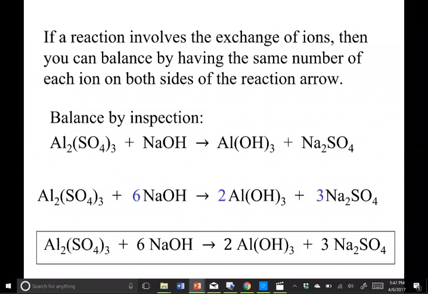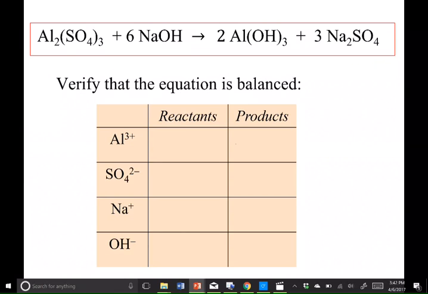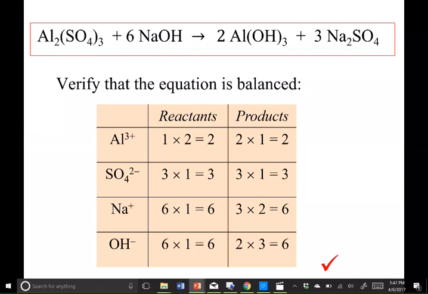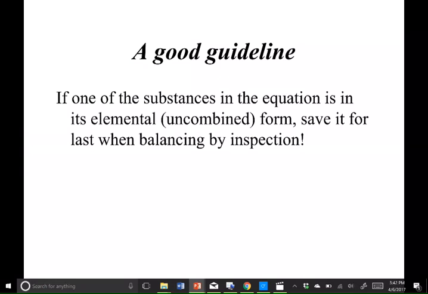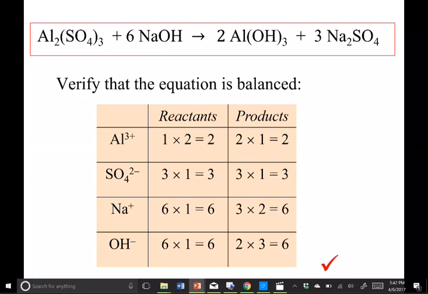Now, if you wanted to break the sulfate down into sulfur and oxygen, and the hydroxide down to oxygen and hydrogen, it would still balance. It's just easy to think of them as a parcel if they're staying together as a unit like that, I think.